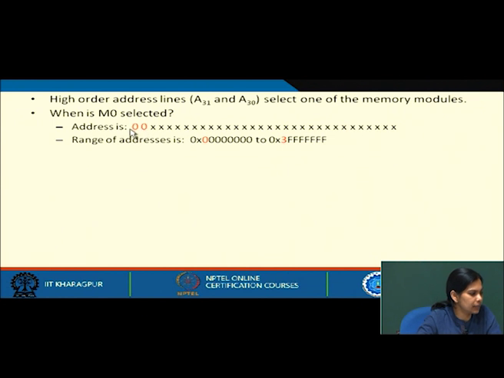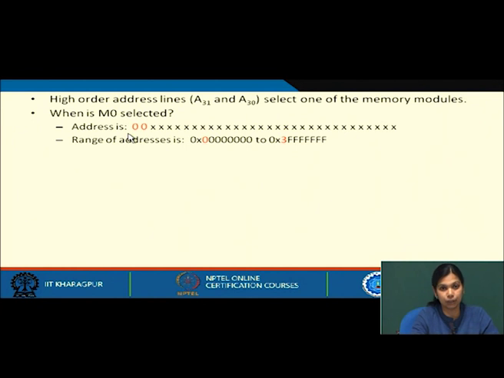The first address will be 00, it is a 32-bit address, these are all 30 bits and these 2 are 00. So, the total 32 bits we can group into 4-bit hexadecimal digits.